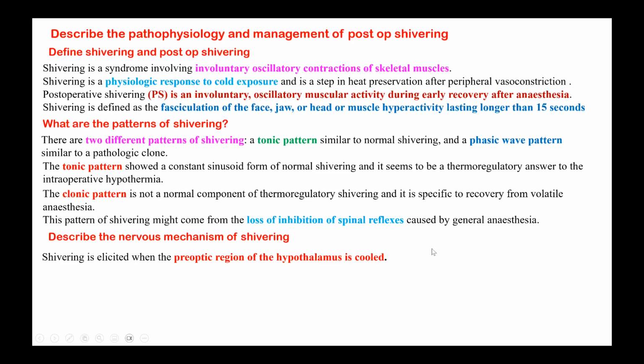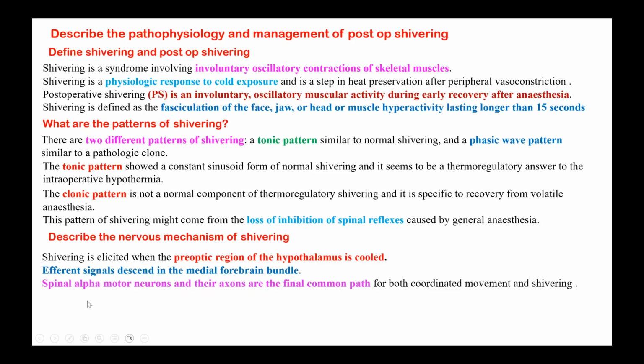Whenever the core temperature falls and there is a discrepancy between the core temperature and the peripheral or surface temperature, then these problems get exaggerated. So the hypothalamus gets cooled and the efferent signals descend in the medial forebrain bundle. That is how the neurological connection happens, which delivers the signals to the spinal alpha motor neurons and their actions in the final common pathway for coordinated movements and shivering.